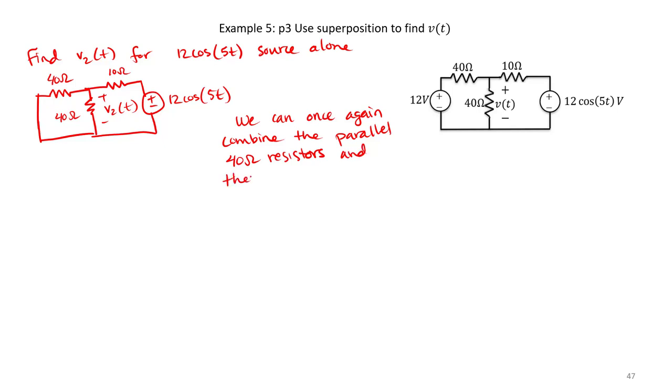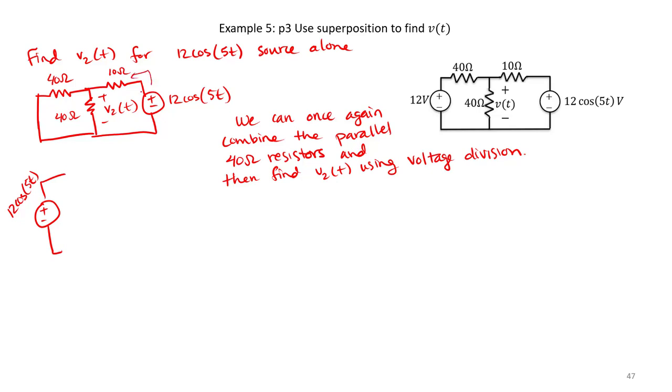And then find V2 of t using voltage division. So let's see what we get. Some students find it helpful to redraw this circuit, so I'm just going to quickly redraw it in a way that makes it easier to see.